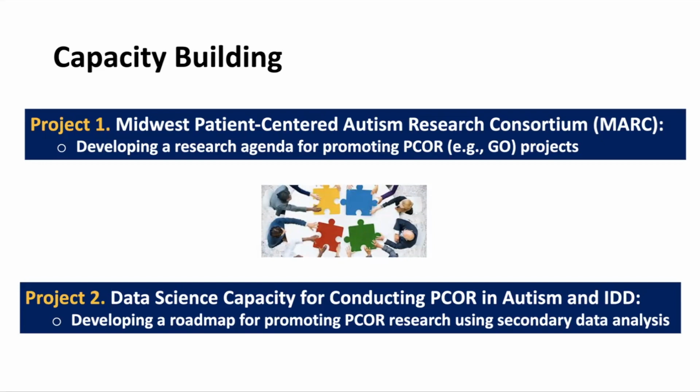While these 2 projects are separate, we strive to find synergy whenever possible. For example, we have developed a feedback loop process whereby the data science team provided inputs on the feasibility of using secondary data analysis to address research questions identified by the MARC team.